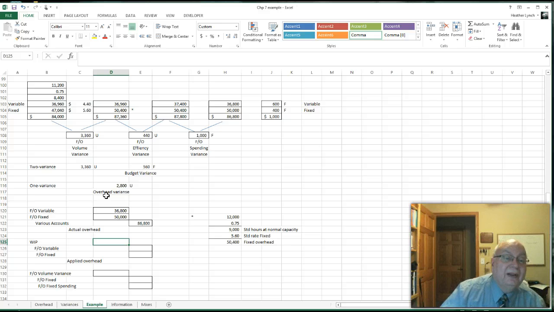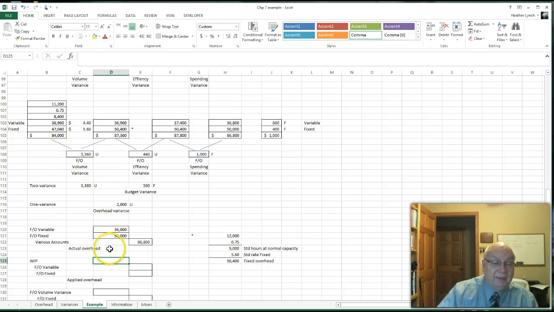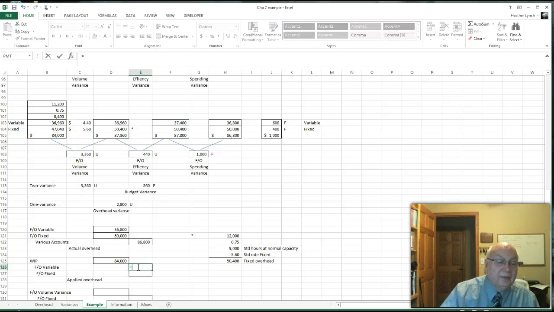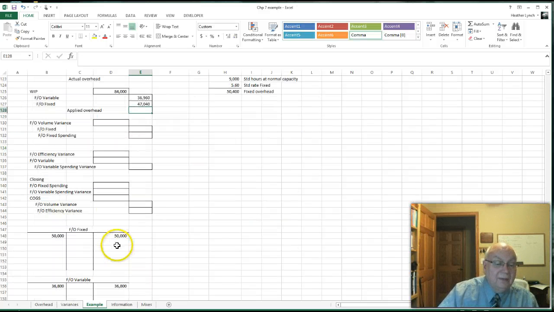Then we have the work in process, and that comes in as standard, remember? So the work in process will be equal to the 84,000. Okay, and then the credits to the variable, well, this was the variable, and this was the fixed. So we come down here.